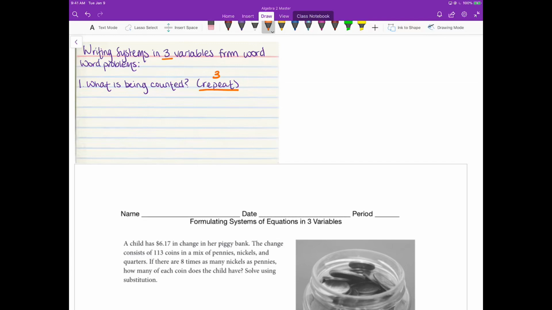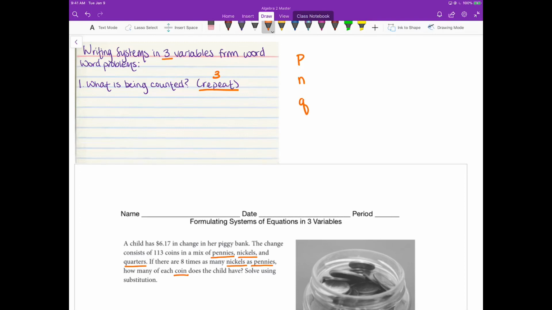I see that we have pennies and nickels and quarters, coins. So we're talking about these 3 different kinds of coins: pennies, nickels, and quarters.